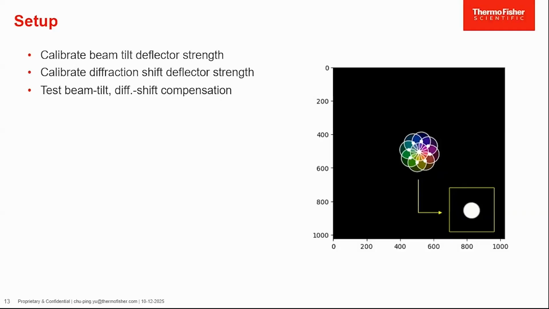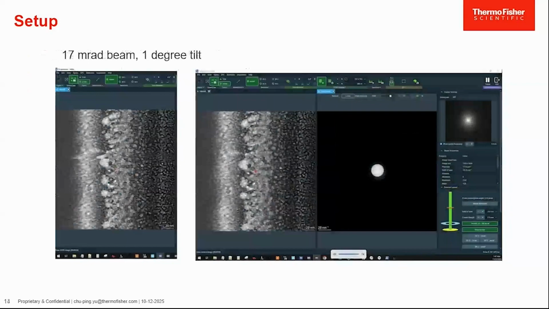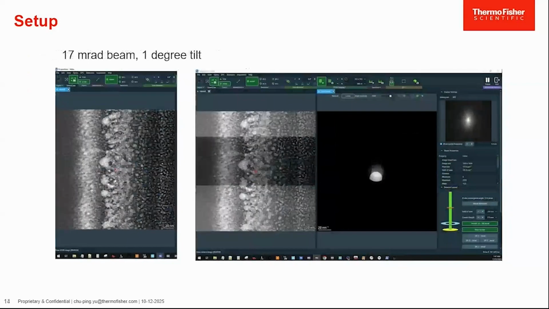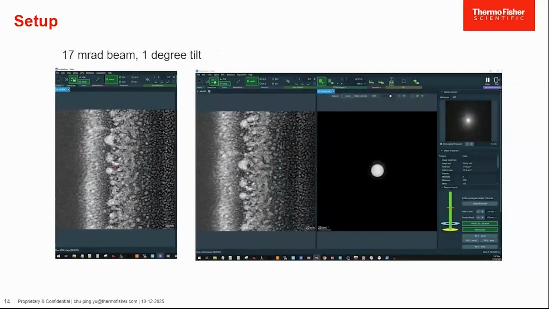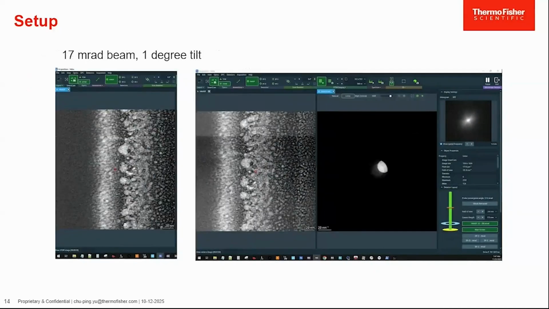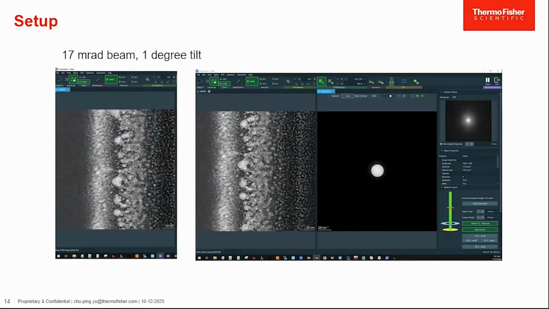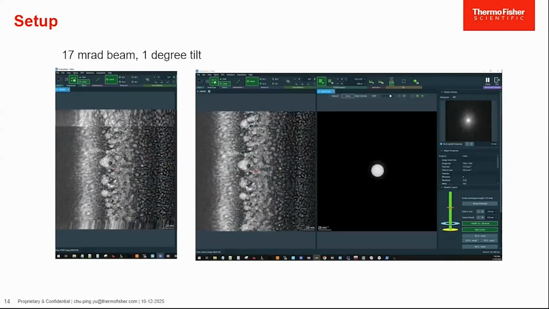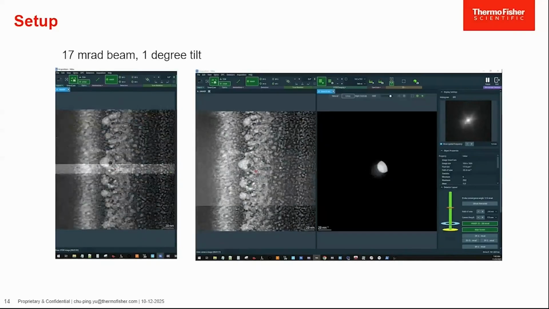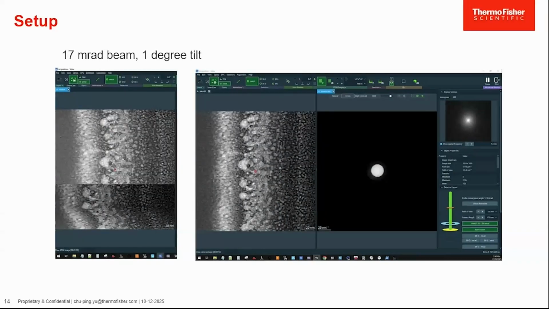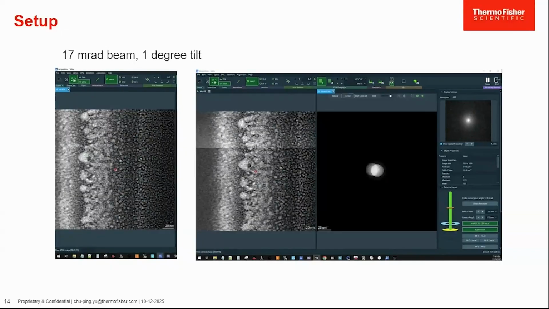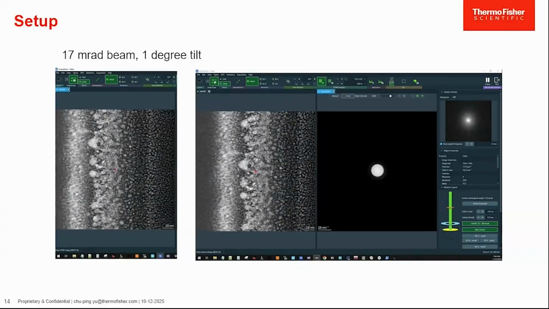After this step, the next one is very important: calibrating the pivot point. This can be done simply by changing the stage height. On the left side, you have the uncalibrated situation, and you can see, for example, this triangular structure is hopping from position to position when I change the tilt angle.